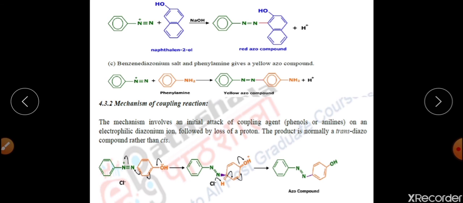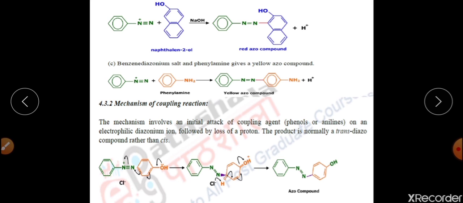The concentration of OH negative will be increased, and that OH negative will react with this one, that is benzene diazonium salt, and this benzene diazonium salt will get converted into diazoate, and generally that diazoate will not couple. So ultimately the coupling reaction will be suppressed and there will be no coupling reaction at all. Means we will suppress the rate of reaction, we will stop the reaction if we use too basic pH.